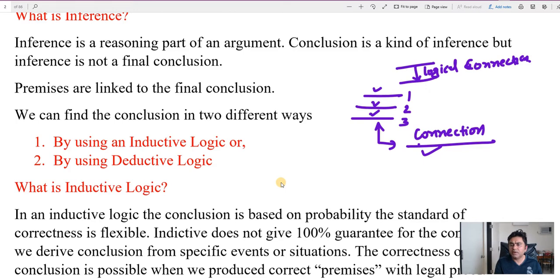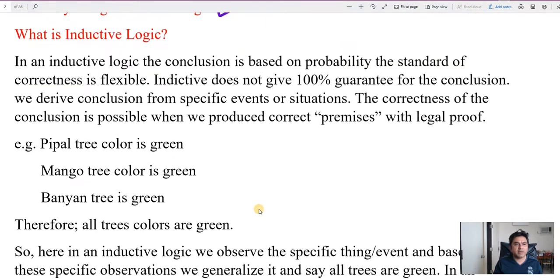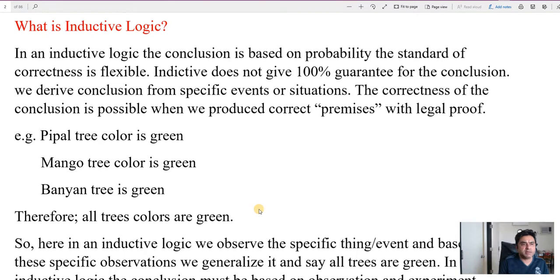So we find a conclusion in two different ways. Now, how to derive a conclusion? There are two theories. Number one is inductive logic, another one is deductive logic. Let us understand what is inductive logic. In inductive logic, the conclusion is based on probability.